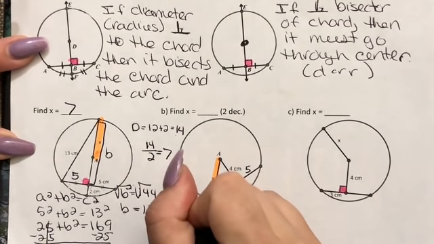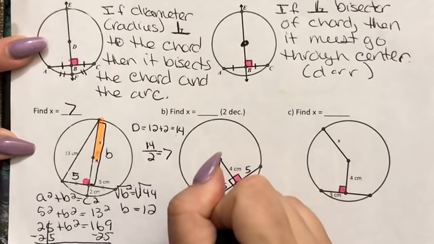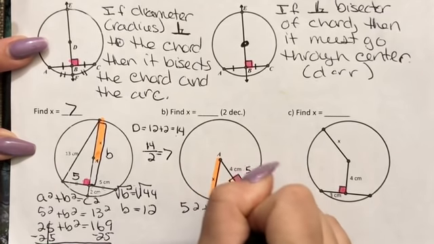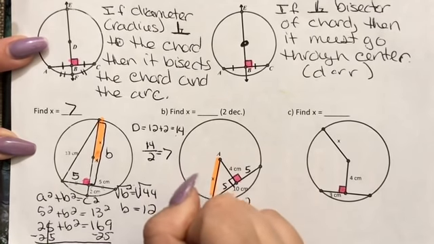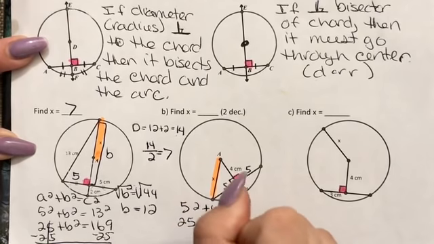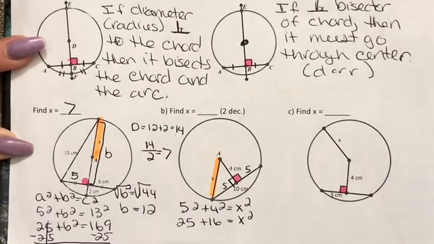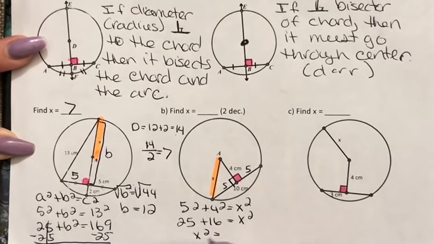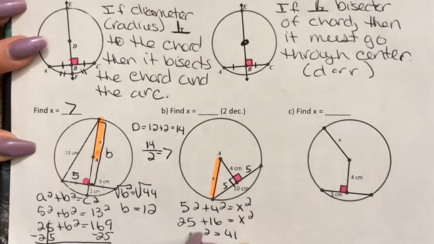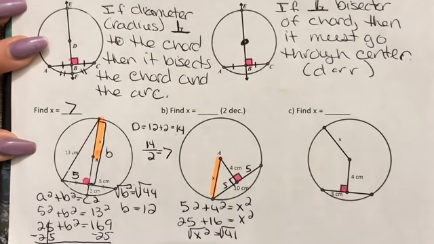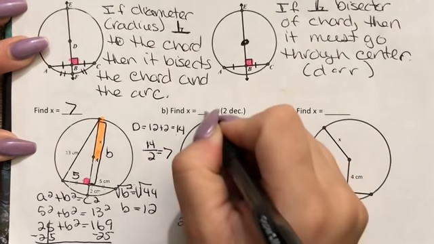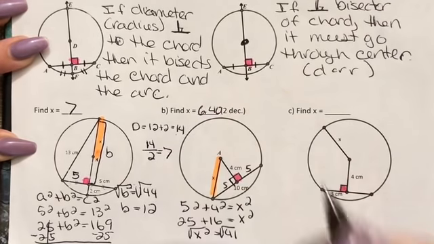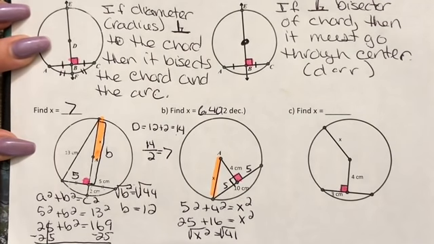So here I have 5 squared plus 4 squared equals x squared. 25 plus 16. When I add those together, let me flip this around, 41. Last step would be to take the square root. So I'm going to get a decimal. X is equal to 6.40 since it asks for 2 decimals.